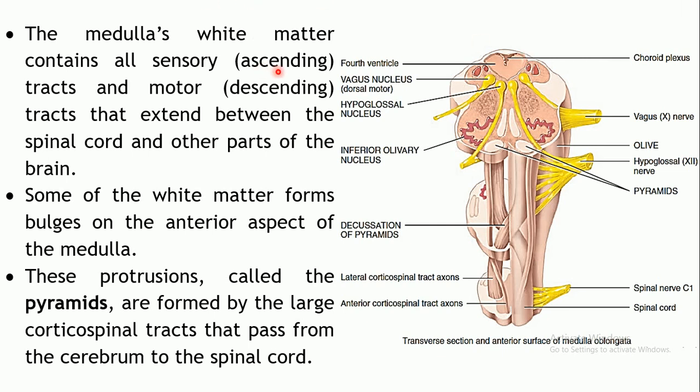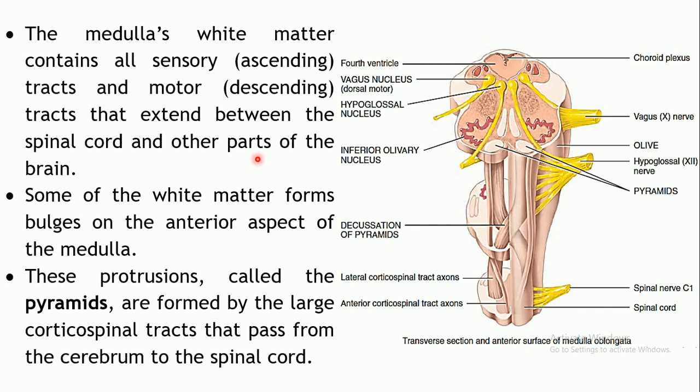So they contain the ascending tracts as well as the motor tracts, or the descending tracts, because they convey the information from the higher centers of the brain towards the spinal cord. So the white matter comprises both the sensory as well as motor tracts, which extend between the spinal cord and the higher centers of the brain.